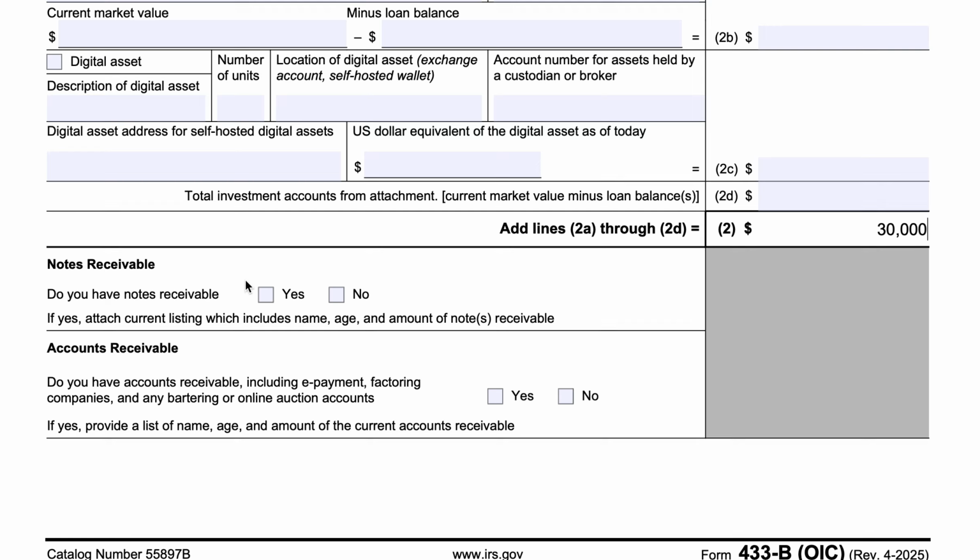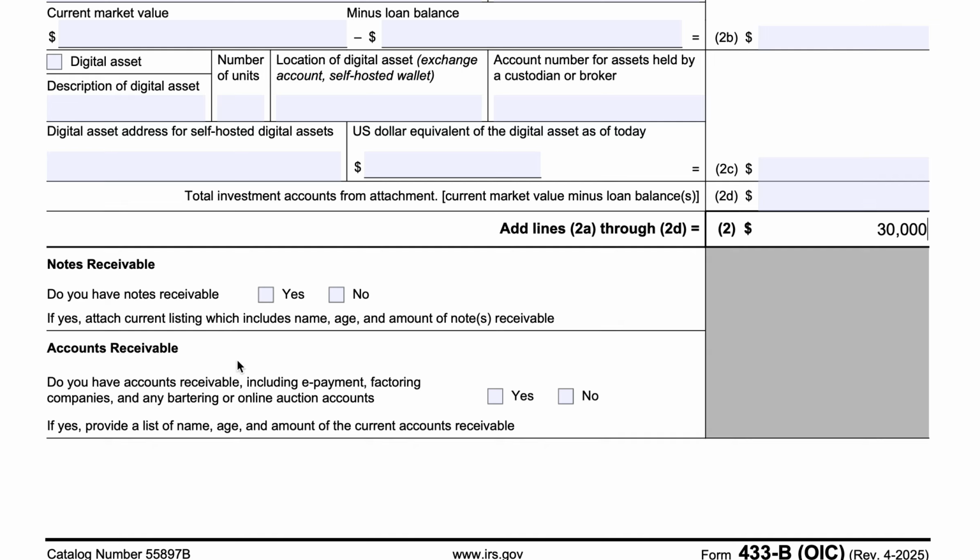So there's a difference between notes receivable and accounts receivable. Notes receivable would be something backed up by an official loan agreement. So an outstanding loan that says I'll pay you X amount of money over X period of time, at X percent interest rate, and so on and so forth. Accounts receivable is really kind of like a store credit.